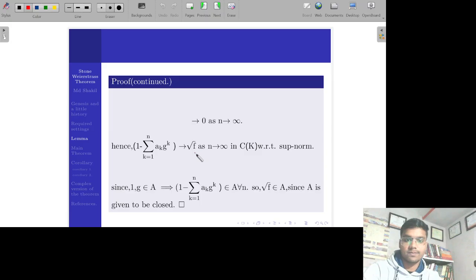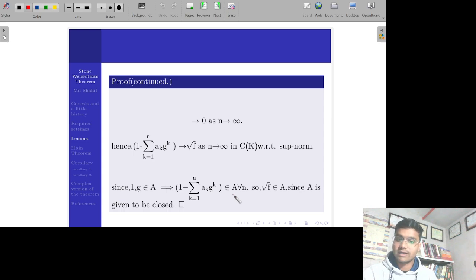It means the square root of f is the limit of this sequence, and every element of the sequence, 1 minus the summation of a k g raised to the power k, where k is equal to 1 to n, is an element of A. Why? Because 1 is an element of A, g is an element of A, and this is nothing but multiplication and addition of elements of A itself and a scalar, so it will be an element of A since A is a unital subalgebra.